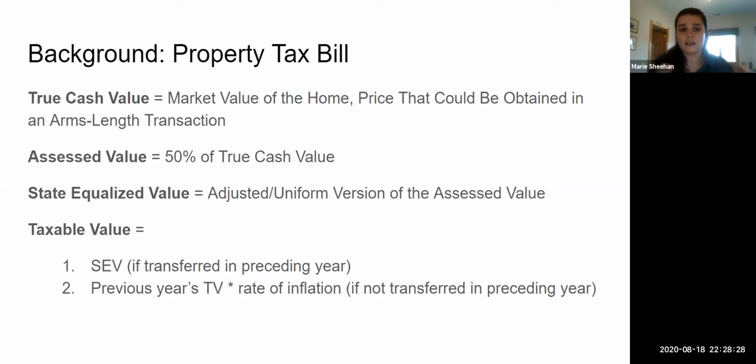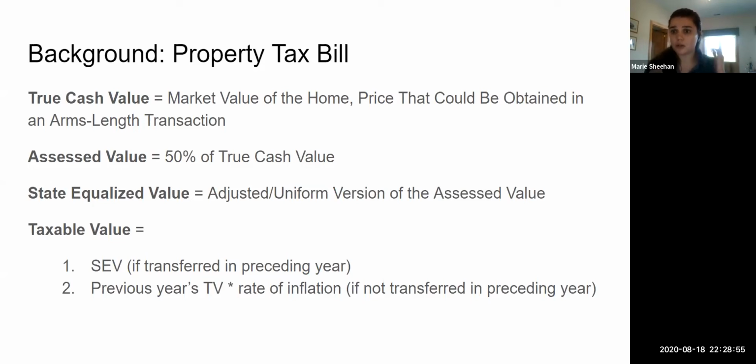And then the taxable value of the property is either the state equalized value. So if it's 2020 and the property was sold in 2019, the taxable value and the state equalized value will be the same thing. But if the property hasn't been transferred, they'll just take the 2019 taxable value and multiply it by inflation, or I think it's 1.5%.